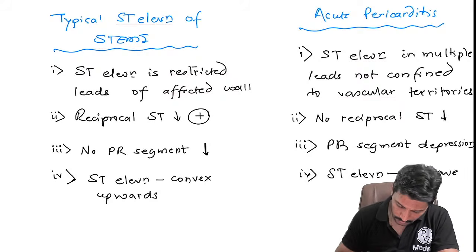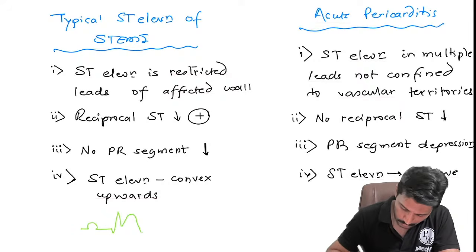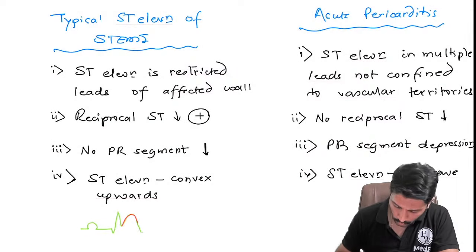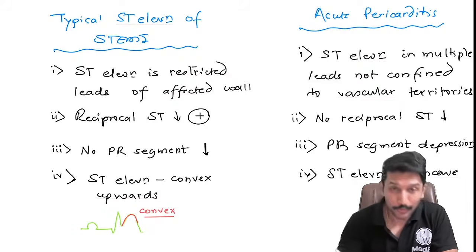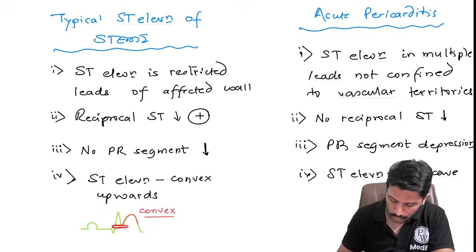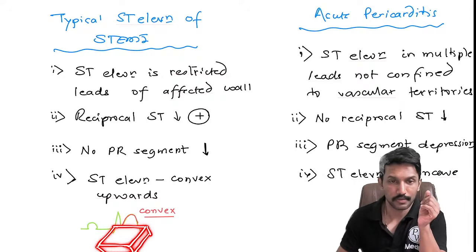So here, if this is P, then Q, R, the ST segment might appear like this. So this is a convex ST elevation, and often this convex ST elevation was called the tombstone sign because this ST elevation looks like the tombstones that we see in the graveyard.